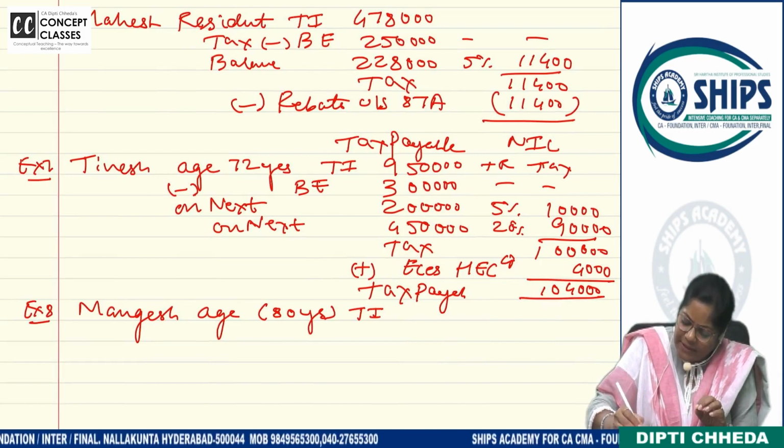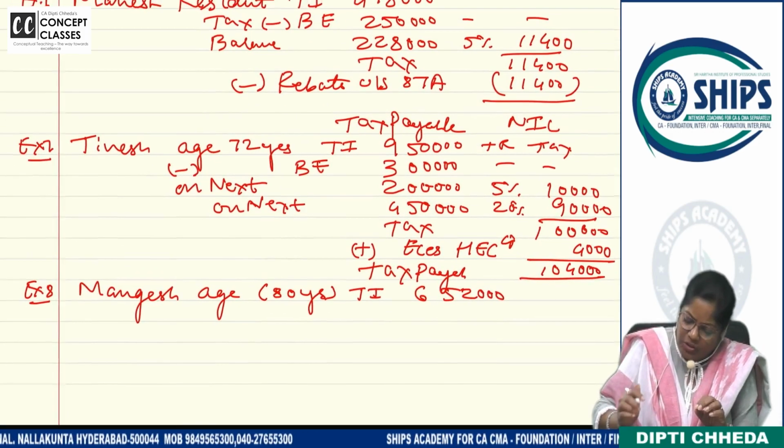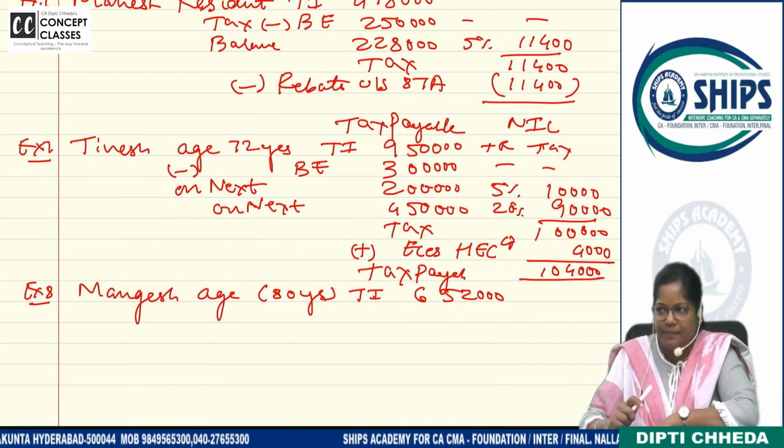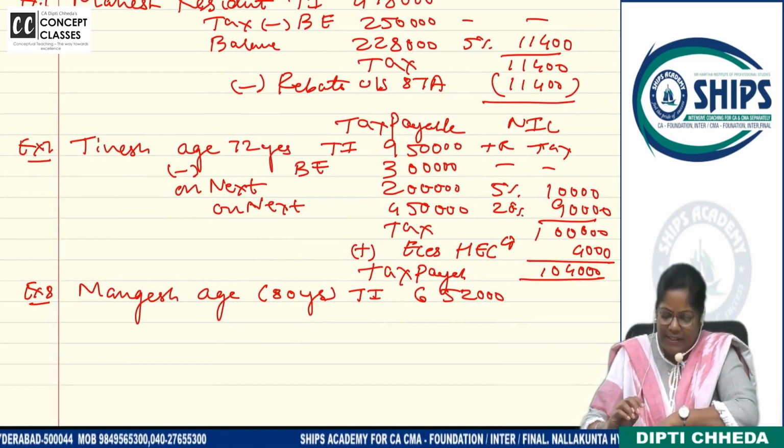Total income is 6,52,000. चलो खुद से करो tax calculate. 2 minutes sum it is.